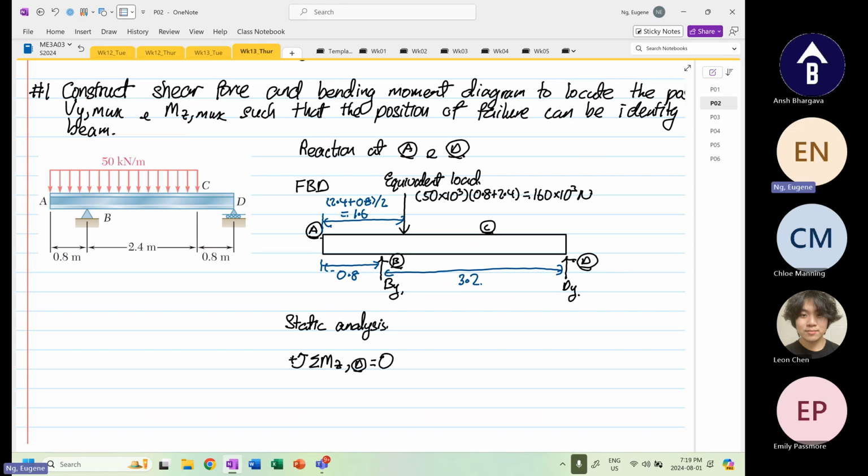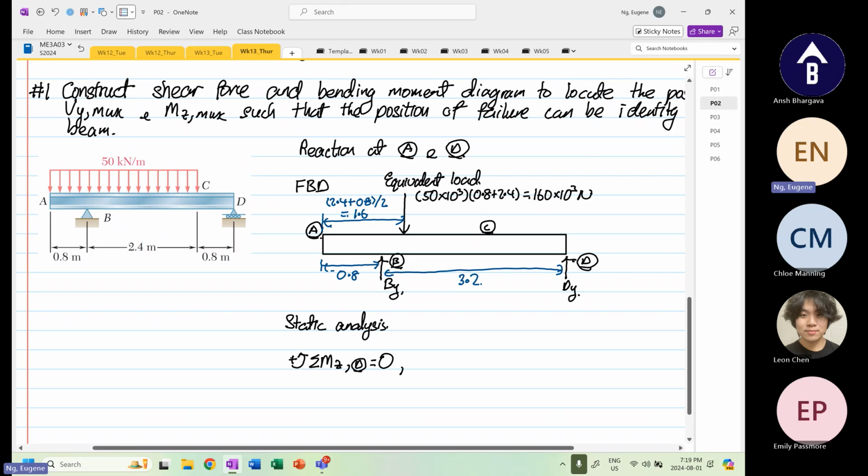So By is going to induce a clockwise direction. So this is equal to minus 3.2 By. And then the equivalent load is going to generate anti-clockwise from point D.